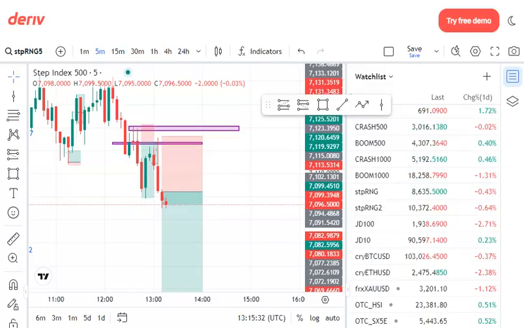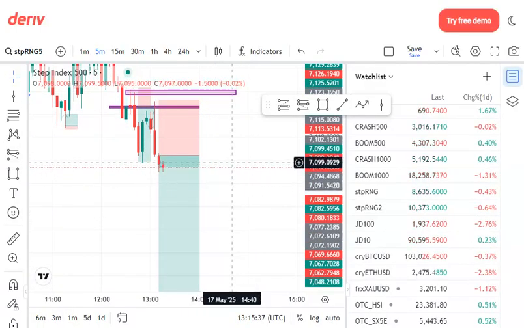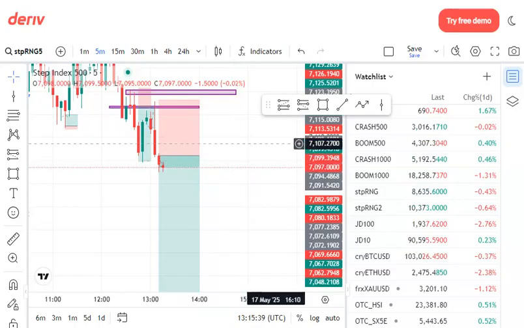Let's see how patient we can be for this market to take profits out of this stop loss. Stick with me while this trade plays out. I'm still here with you. Just keep watching the chart.